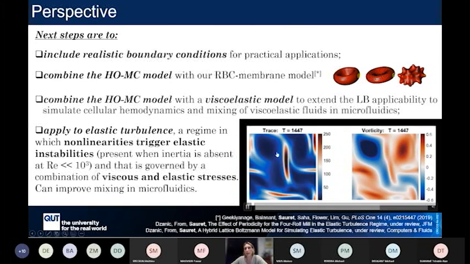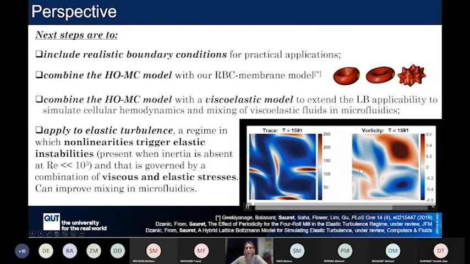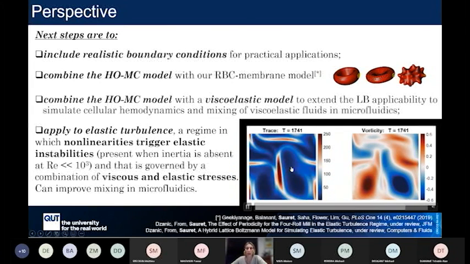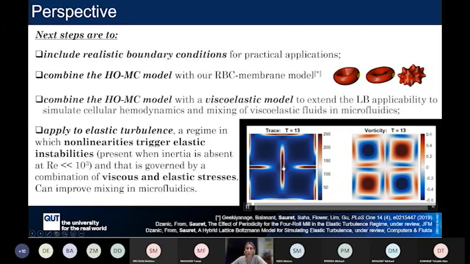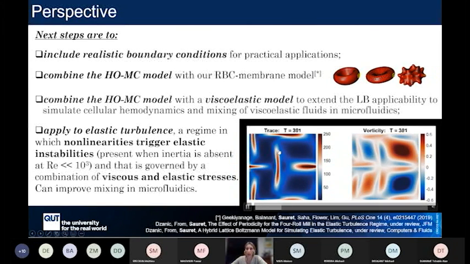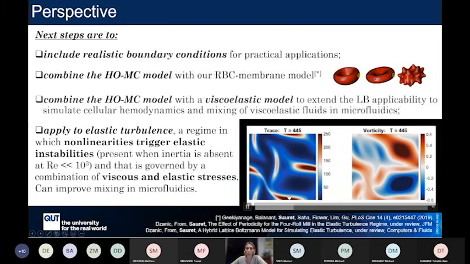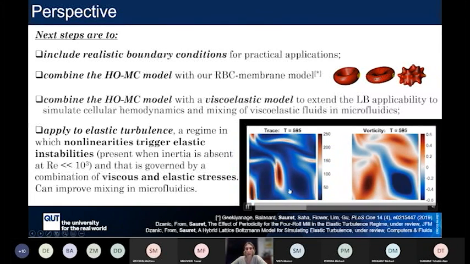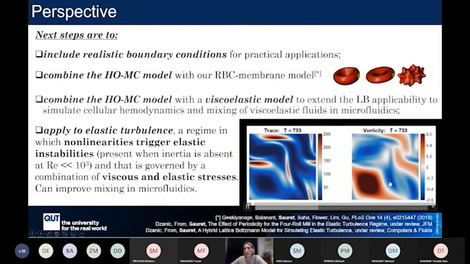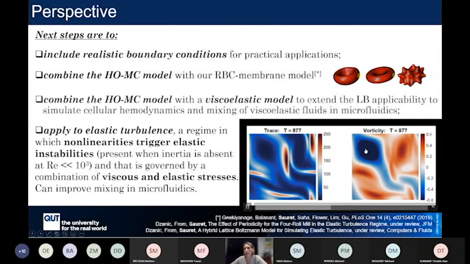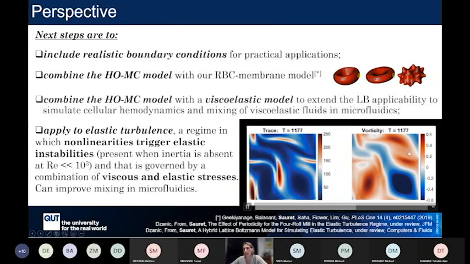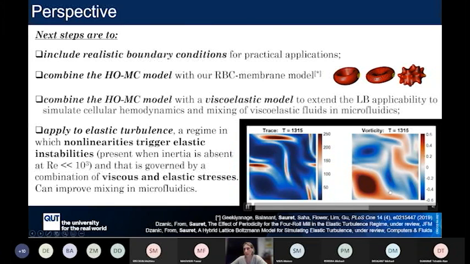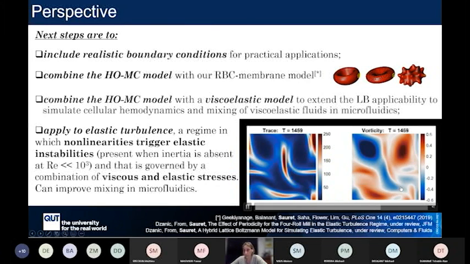But again, that's some preliminary simulation that we have done on a 4-roll mill benchmark case, where we are basically stretching some polymer. The red region here is the polymer stress that we are stretching. And we can see that after a while, you get instabilities occurring. When we look at the vorticity on the right-hand side, we've got 4 quadrants appearing, and they are basically rotating across the 4 quadrants of the geometry.